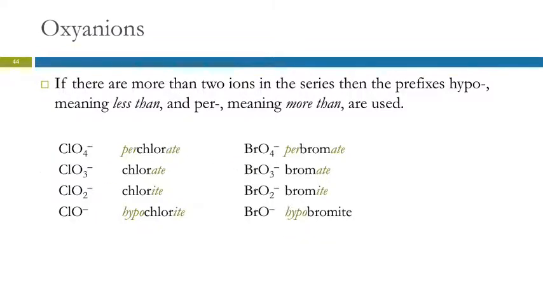Chlorine and bromine are in the same family in the periodic table. They're both members of the halogen family in group 7. I think of them as sisters. So bromine and chlorine are sisters, and they react with oxygen in very similar ways. So this is chlorate. Bromate has the same formula, it's just a different sister in there. It's bromine instead of chlorine.